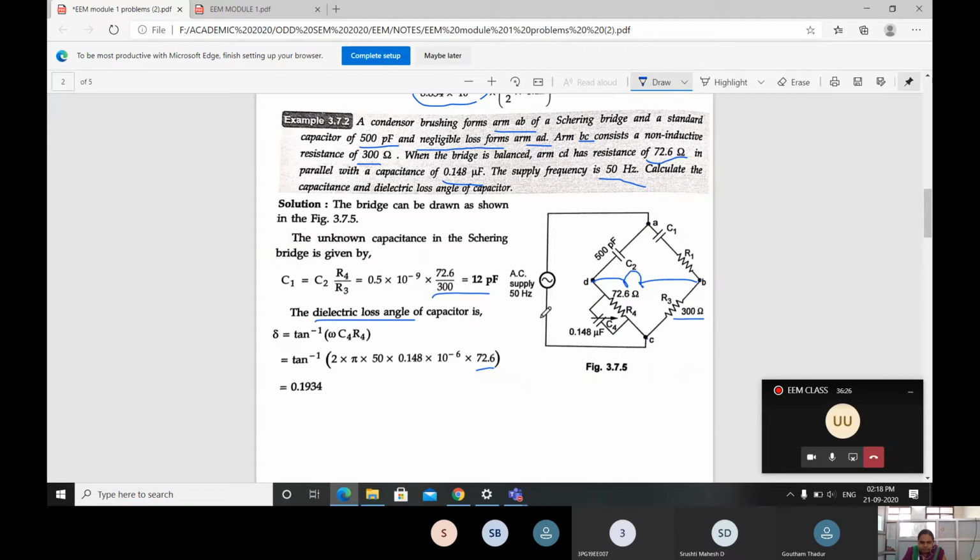Just substitute here. By using your calculator, you will get the value 0.1934. This question will be asked for 4 to 5 marks. Everything is given; just use the capacitance and dielectric loss equations, substitute, and you will get the result.